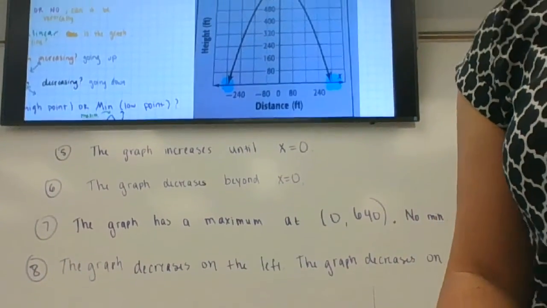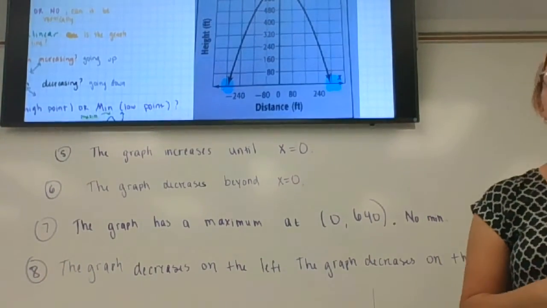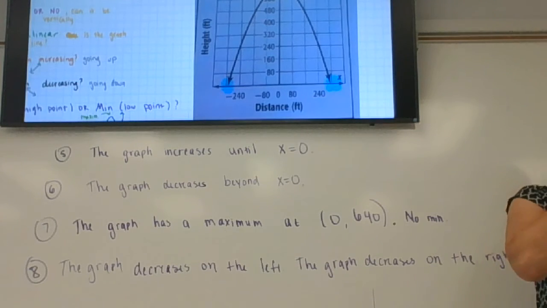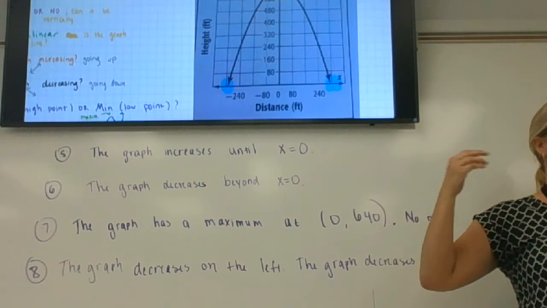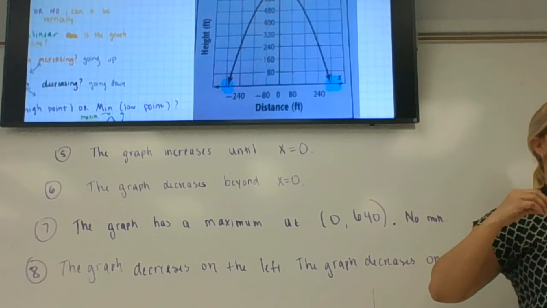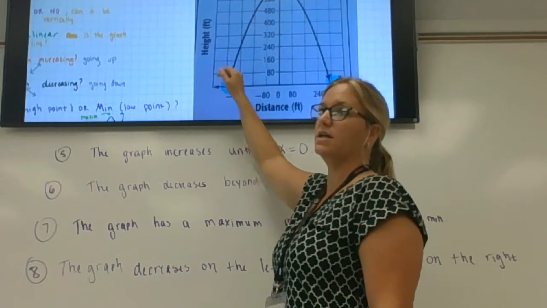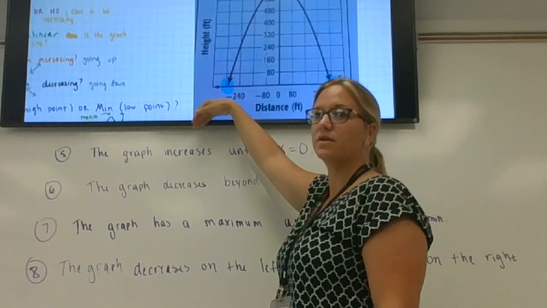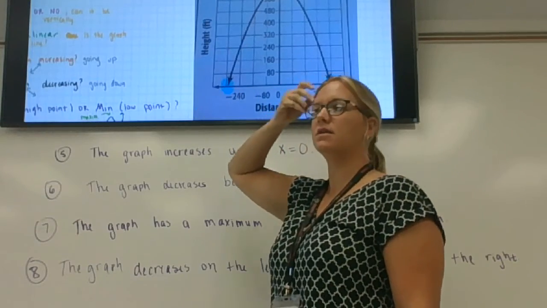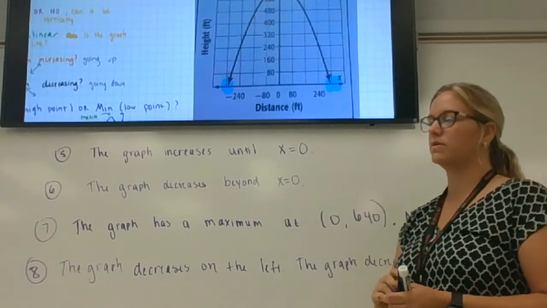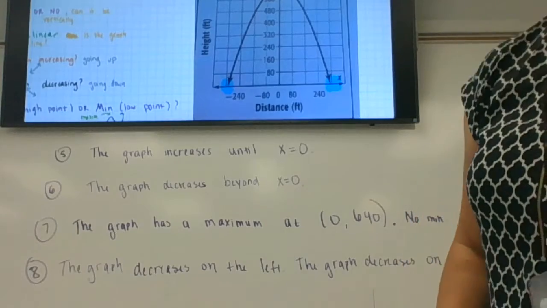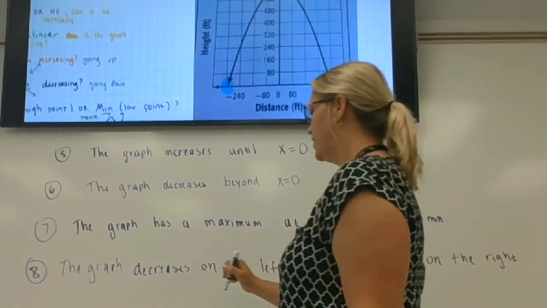Okay, I've just noticed something that's confusing here. It increases from the left, but it doesn't increase on the left. We're talking about the arrow, and this arrow is going down. So maybe it would be easier, and we're very open to the vocab you do in Algebra 1, I could say the graph goes down on the left.